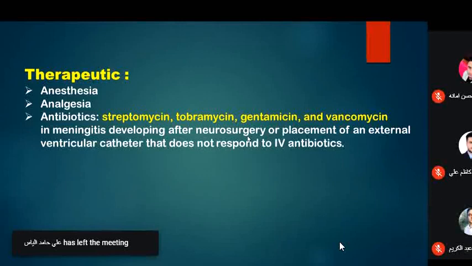This is not used routinely. This is in meningitis developing after neurosurgery or placement of an external ventricular catheter that doesn't respond to IV antibiotics. So this is after failure of IV antibiotics in meningitis as a complication of a neurosurgery or external ventricular catheter.